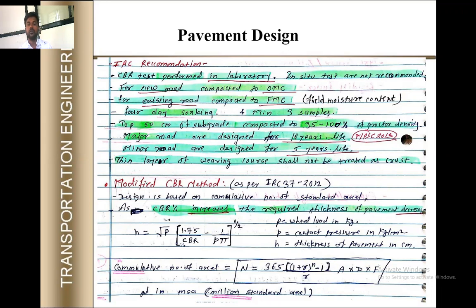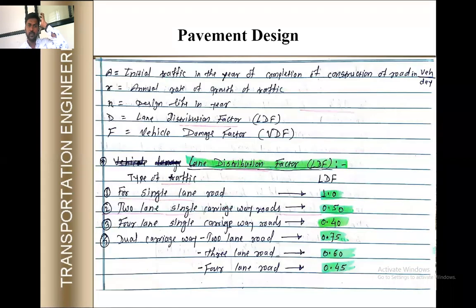N is equal to 365 into bracket 1 plus r raised to n minus 1 divided by r into A into D into F. Below that, write down unit of N is MSA, that is million standard axle.